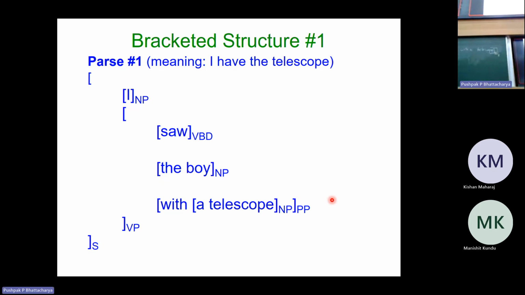The only difference between the input and output is that the output is embellished with brackets. If I drop the labels, then I have an unlabeled bracketed structure, which is easier to construct.